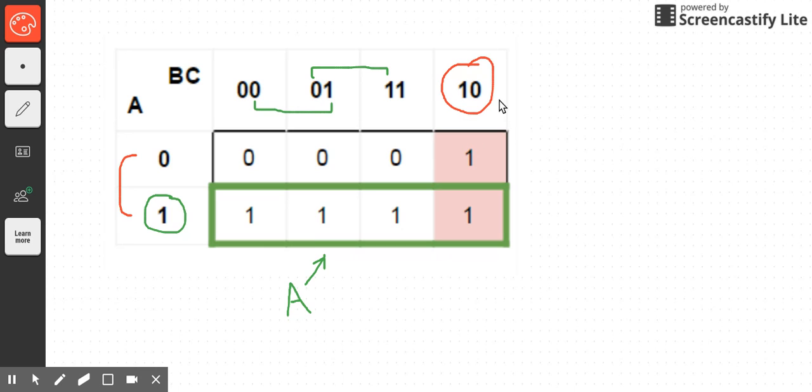B is always 1 and C is always 0. So my red group here is going to be, now B is 1, so I'm going to have a B. And C is 0, so I'm going to have a not C.